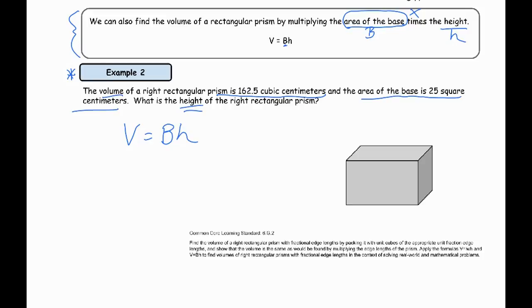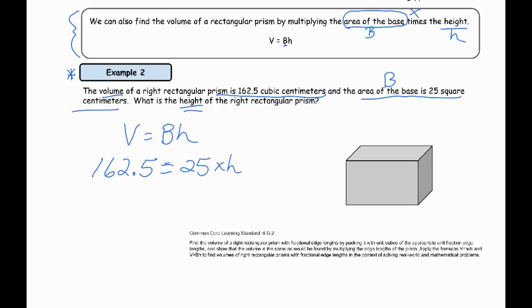And let's go ahead and fill in our known amounts. We are given our total. Our 162 and 5/10 is the volume. And we are given the area of the base. That's our capital B. And that is 25 square centimeters. And now all we need to do is find our height.